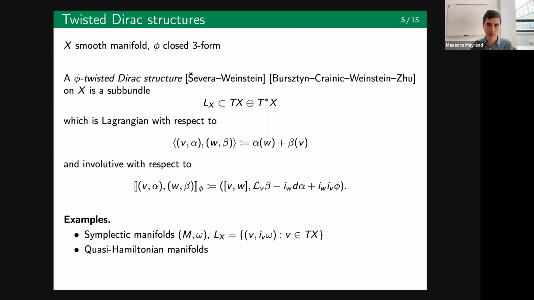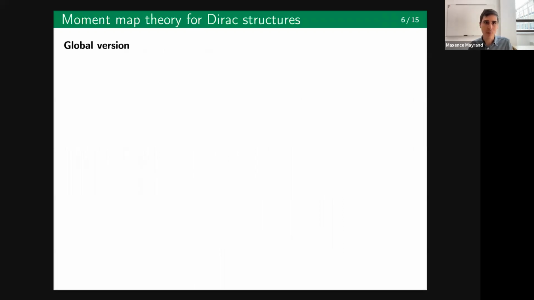Quasi-Hamiltonian manifolds are also obtained of this form, and Poisson and quasi-Poisson manifolds are examples of twisted Dirac structures. Okay, and there's a moment map theory for Dirac structures. First of all, I will discuss the global version because it's suitable for our interpretation in shifted symplectic geometry.